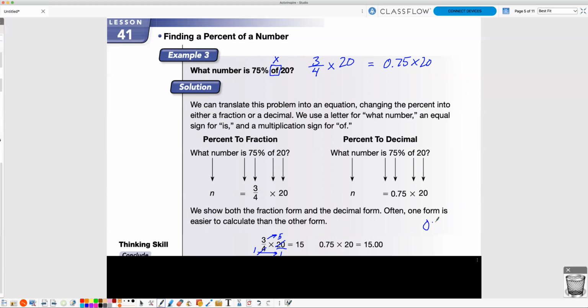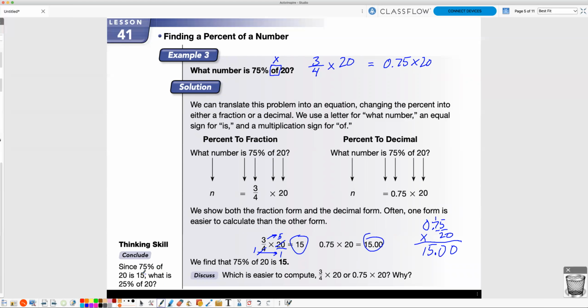Or you can just work it out with multiplication, hanging the 0 off the end. This would be 10, and this would be 14 plus 1, which makes 15. I'd move the decimal 2 places to the left, and that's the same answer. 15 is the same as 15.